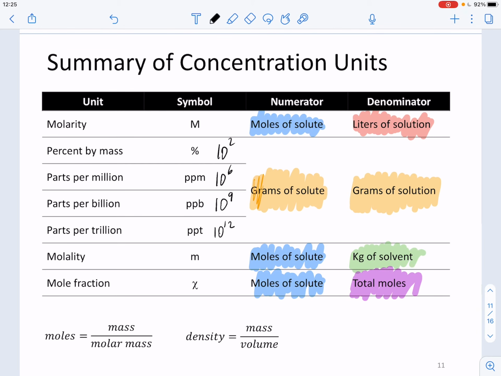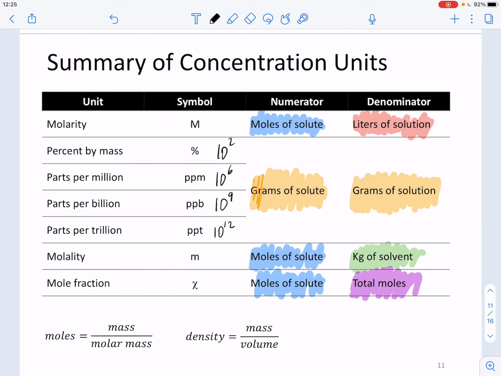One other thing to consider when using these units is that you are using a mass ratio. So you don't have to settle for grams every single time. As long as you use the same unit of mass, you can express your percent by mass or any of the others in pretty much the same way, and you're going to obtain the same number.